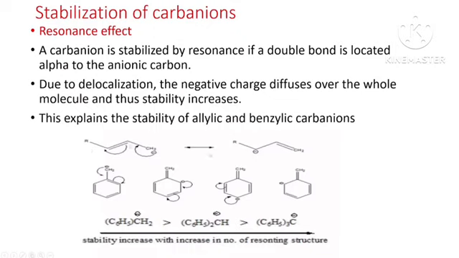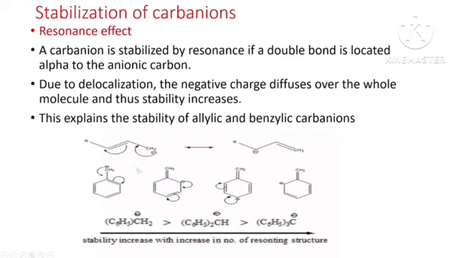You can see here we have only a few of them, right? If you want to count the number of resonance structures, you have 1 and 2, right? But if you check that of the benzylic ones, we have 4 of them. So it means that resonance effect makes benzylic carbanions more stable as compared to the allylic ones.